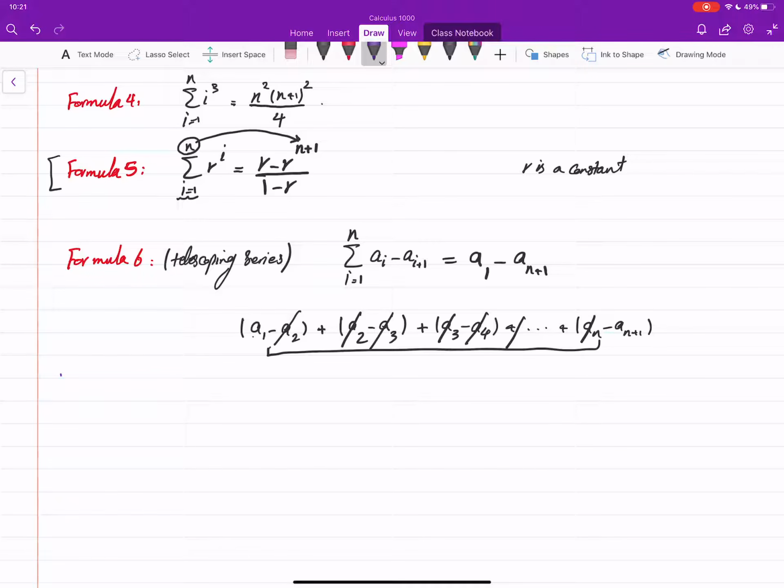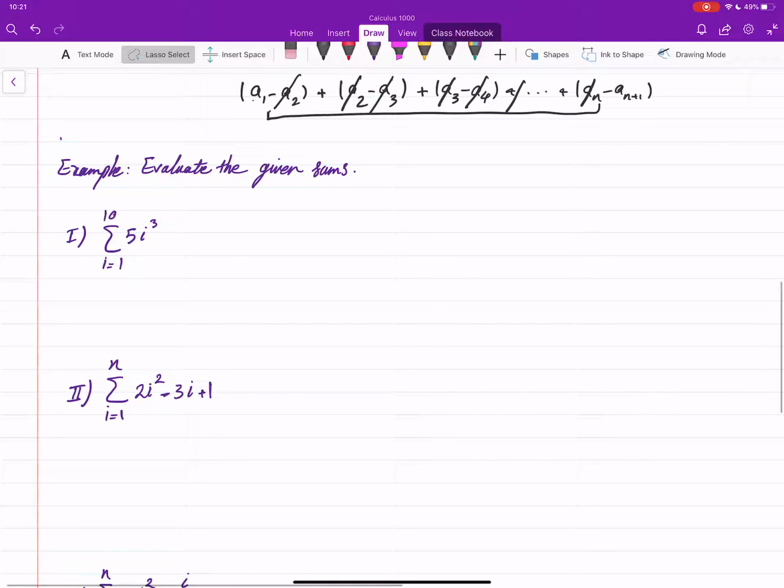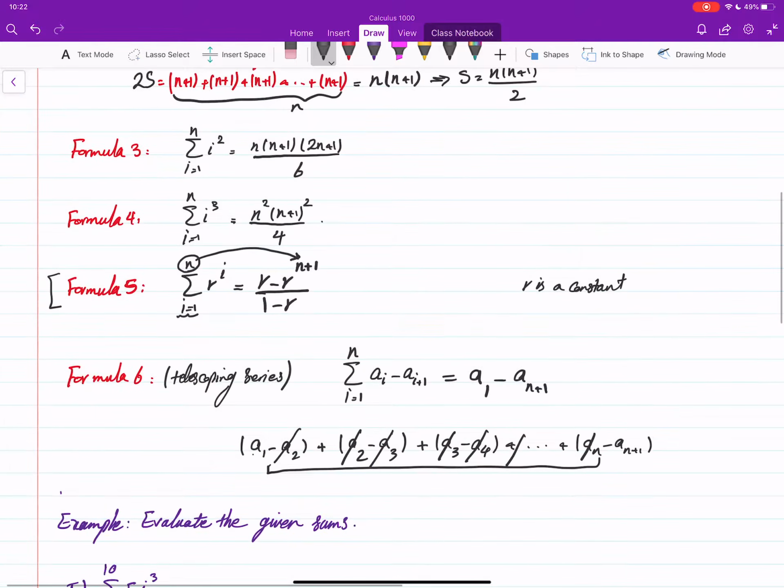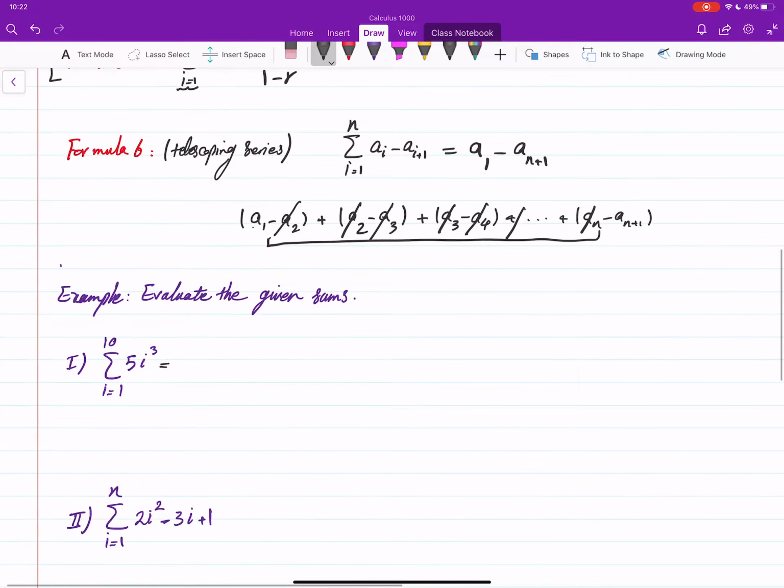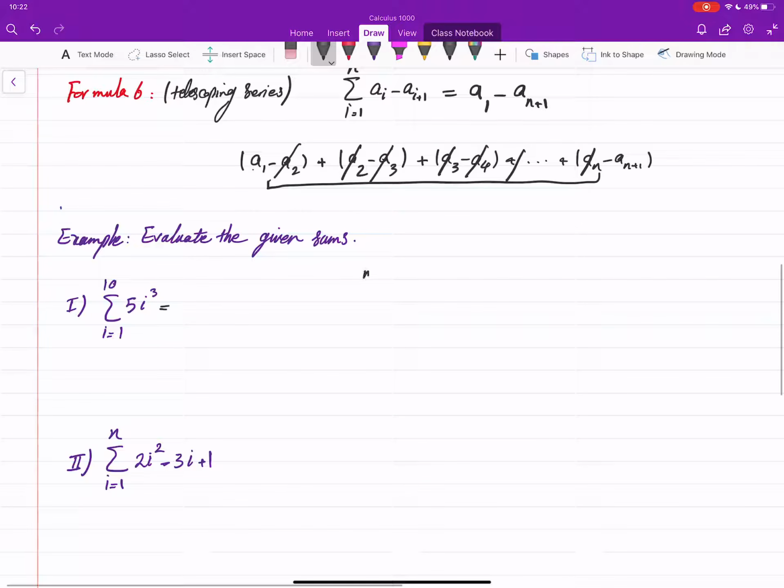Let's do some examples for these. The sum of 5 i cubed, i going from 1 to n. First of all, you see that this is a sum of cubes, starting from 1, going up to 10, so n here is 10. There's a constant here, so using the property of sigma, I can put that constant outside.